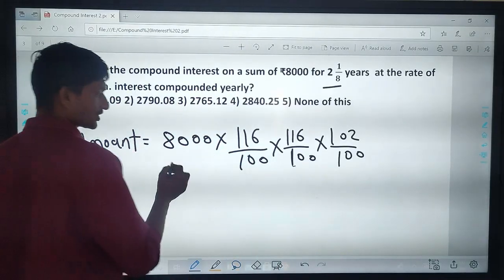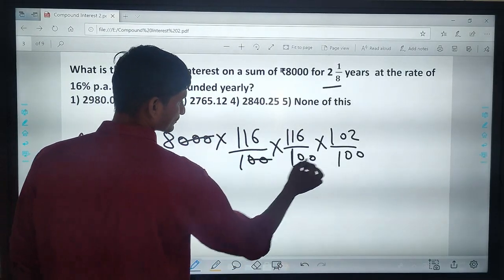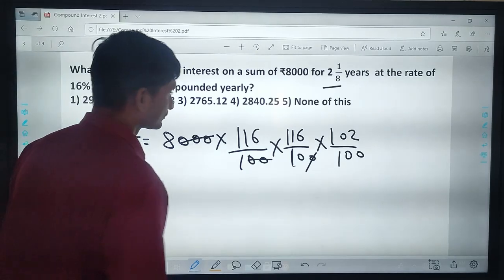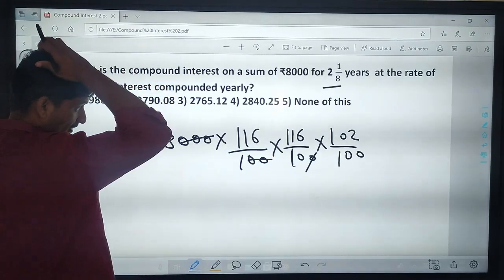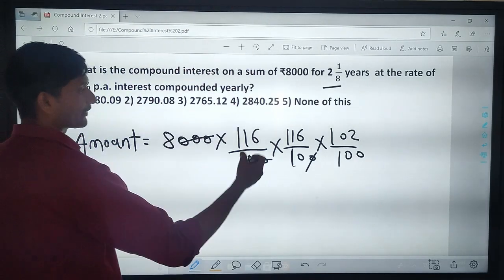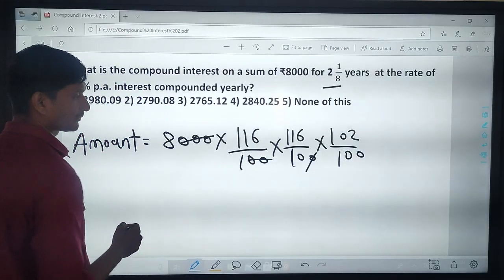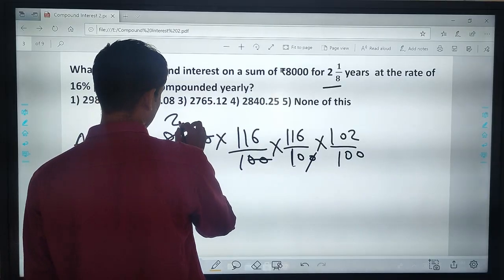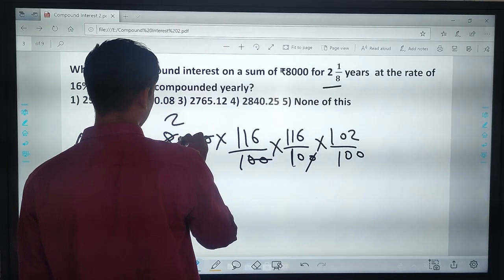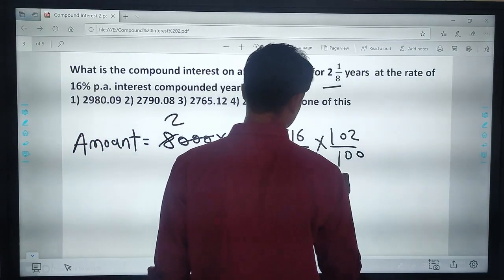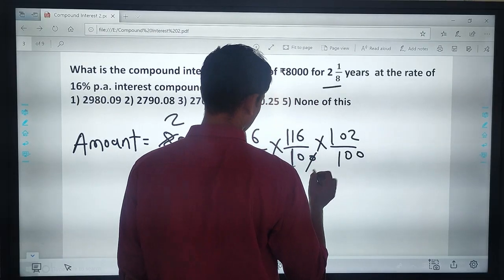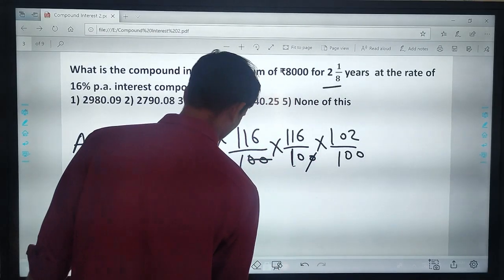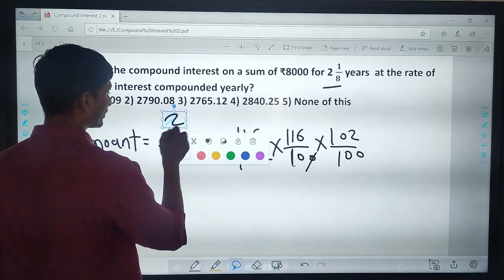Now here solve this. We take the multiplication and divide by 1000, or we take only cross multiplication and we divide it by 100.